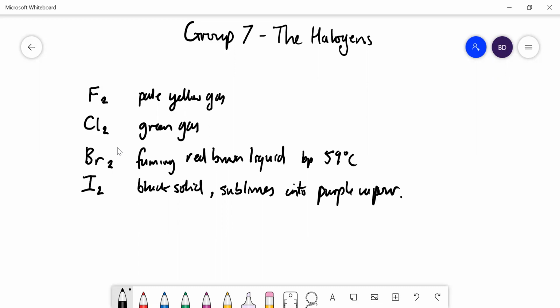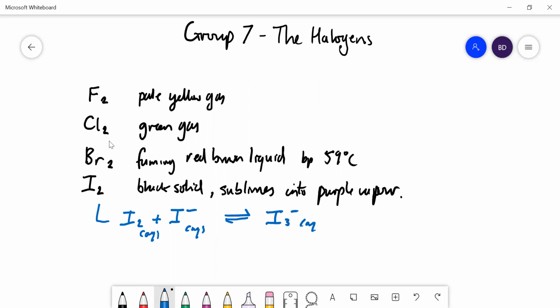Iodine is always a bit confusing because you probably come across it in biology as a brown solution. Iodine itself is not very soluble in pure water, but you can make it dissolve in potassium iodide solution. You get your iodine molecules, there's an equilibrium reaction and they form I3- ions, and these are the ones that are brown.